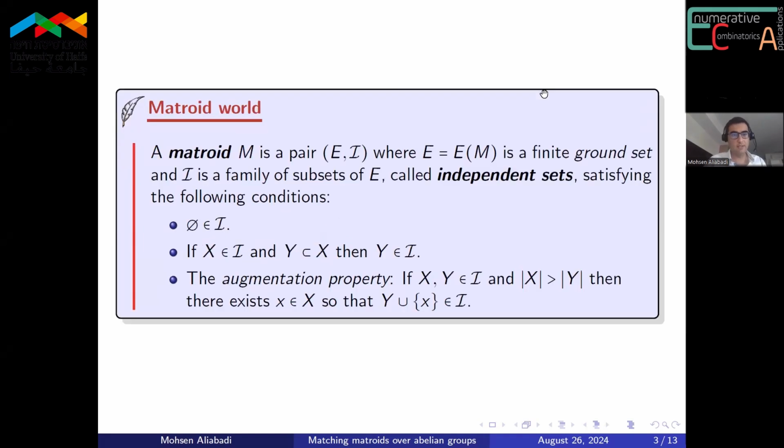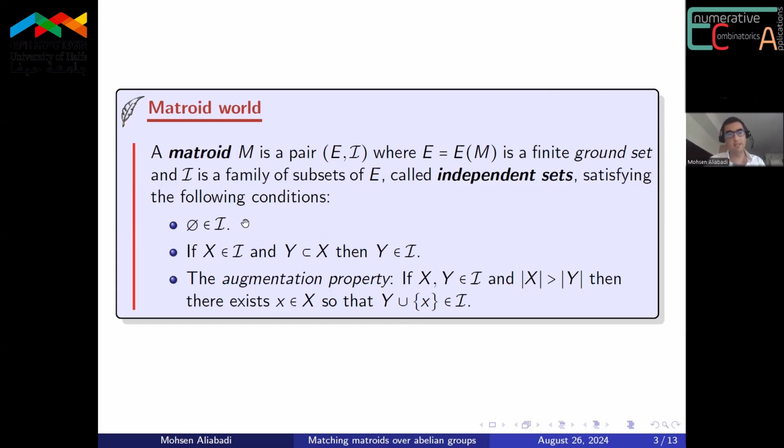So let's start with matroids. This is just a very traditional definition of a matroid, which is roughly speaking a natural generalization of the concept of linear independence in vector spaces. So we are assuming that we are dealing with a pair. The first set is called the ground set, and I would be a collection of subsets of E. Elements of I will be called independent sets, and we have these three axioms.